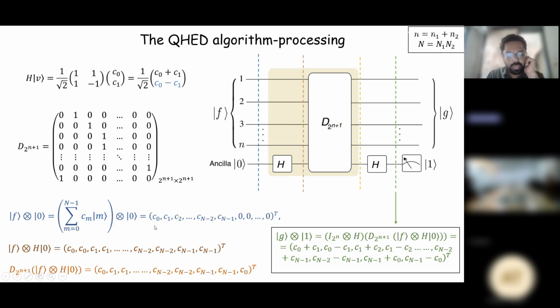So C0 becomes twice, C1 becomes twice, and so on. This ancilla qubit is now used even to store information, which we won't be using later on. So what we have done is we have stacked our image and made multiple copies of pixels. C0 is the first pixel and so on.